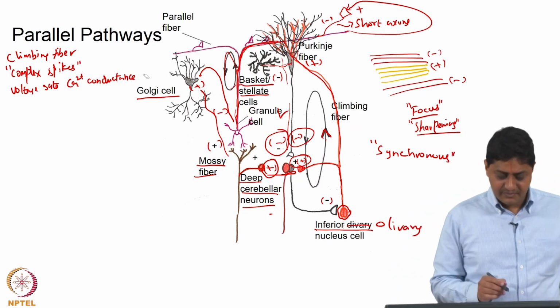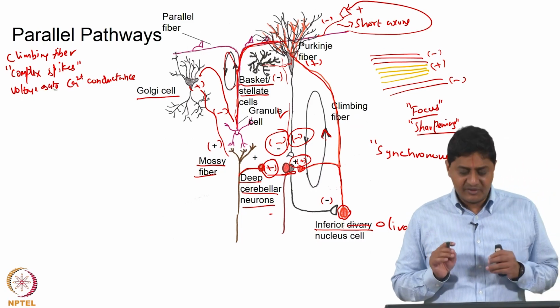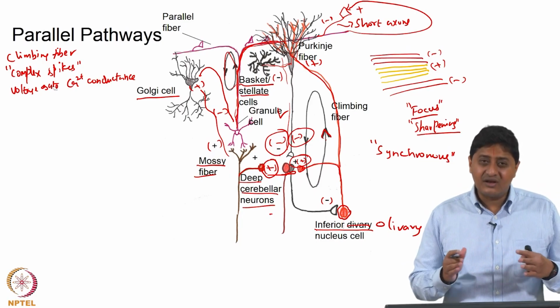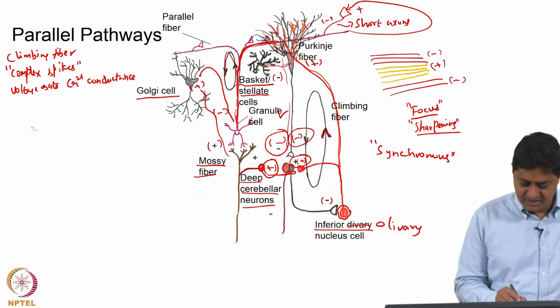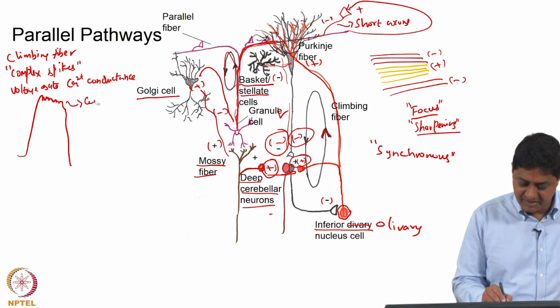In this case, the climbing fibers cause calcium conductance to persist for a relatively long time in the Purkinje cells, causing these, right. The action potentials are going to be like this, right. This is called a complex spike.